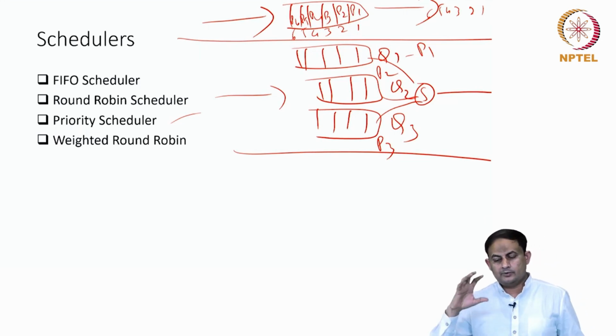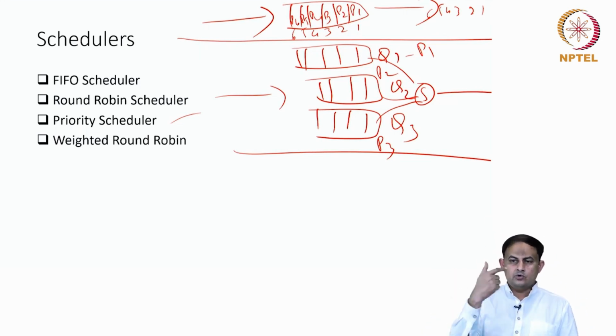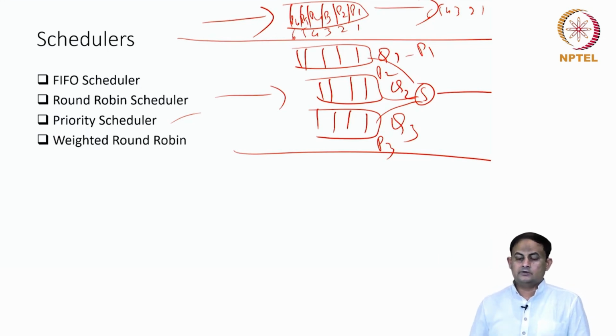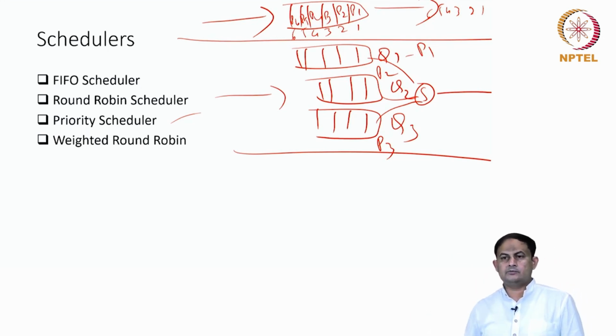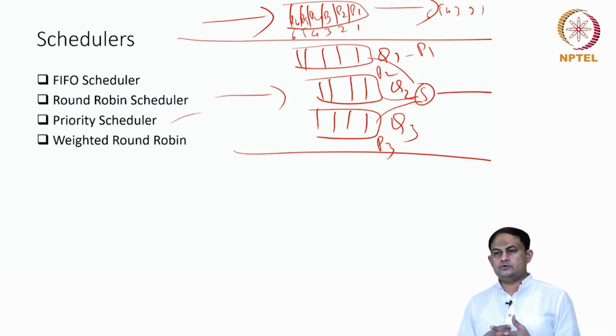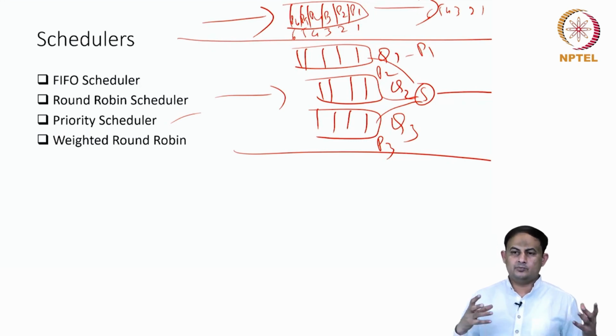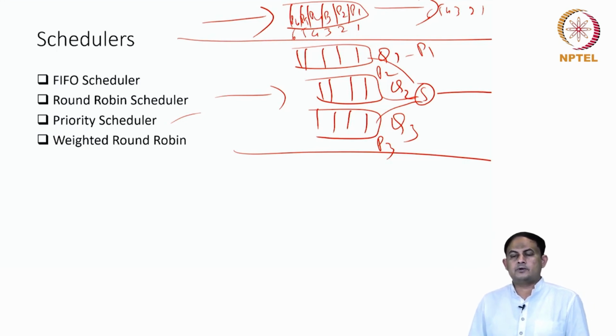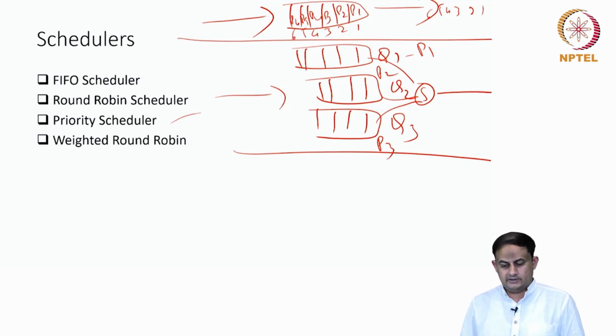If Q1 is empty, then you go and pick up the packets from P2, and if both P1 and P2 are empty, then you pick up the packets from Q3. So, that is called the priority scheduler. You might assign different priorities to different queues, and you tell your scheduler to always look for packets from the higher priority queue and then schedule them for transmission.